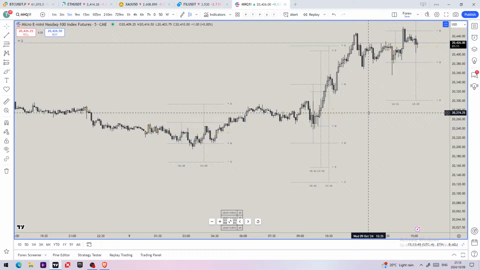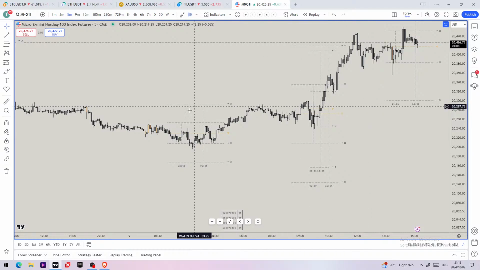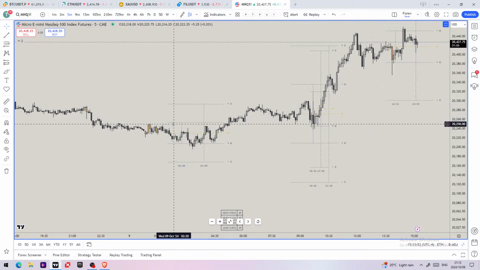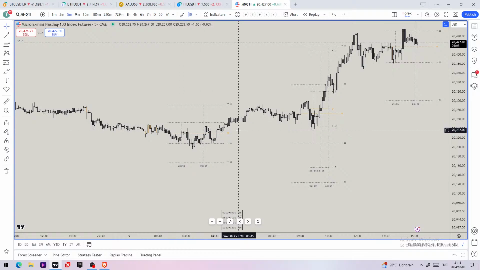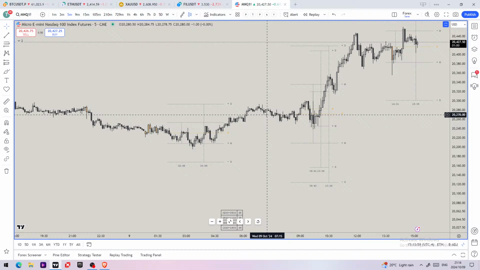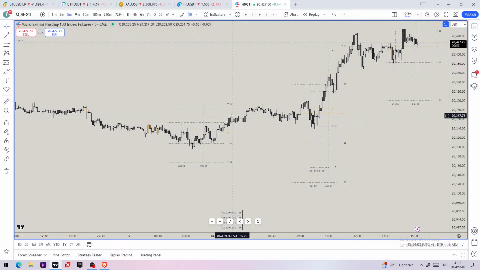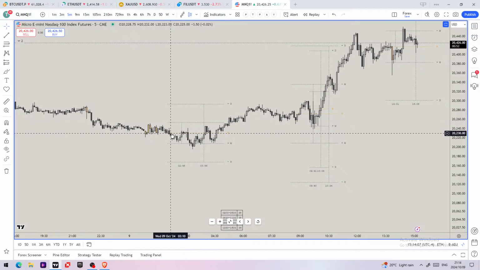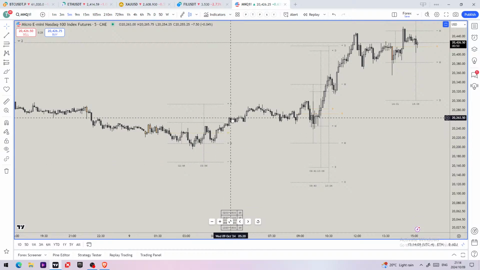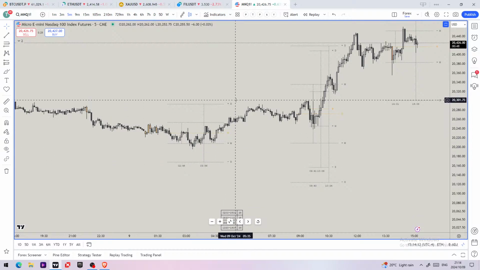You could use London kill zone, you could use an Asian range, you could use New York AM range, New York PM range, you could use an hourly range if you wanted. You could use any arbitrary figure in terms of time, and it would spit out the M and D levels above and below the open price.